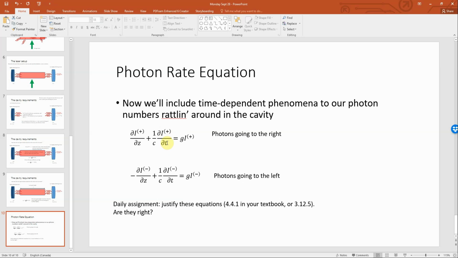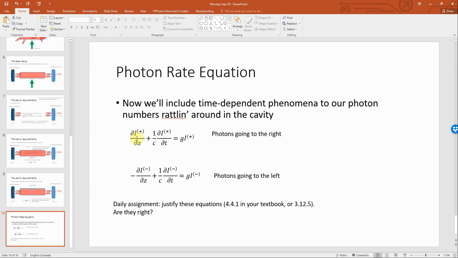So your daily assignment for Wednesday will actually be reading through the textbook, or you can just sit and think about this, justifying where this equation comes from. Last week I spent a lot of time talking about the electromagnetic wave equation, or just wave equations in general, and that was a second order derivative with respect to space and a second order derivative with respect to time, with 1 over c squared being the velocity of this light.